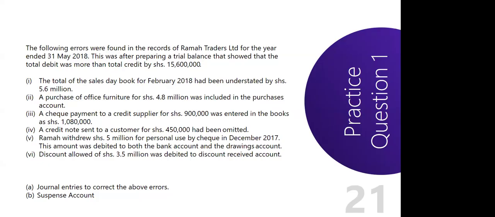So in this case, for this particular trial balance, the balancing figure of 15.6 was lying on the credit side. So it is our balance brought forward in the suspense account. So as we prepare our suspense account, we have a balance brought forward on the credit side. That's why I was pointing out this statement so that you take note of it.